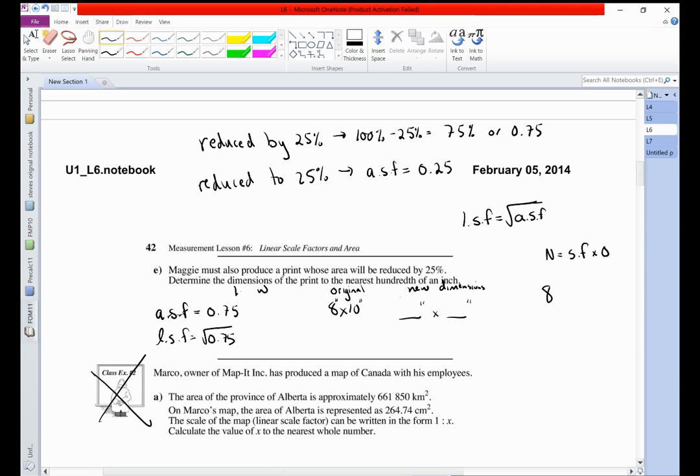So 8 is our original multiplied by the square root of 0.75, and that leaves us with 6.93 inches. And 10 multiplied by the square root of 0.75 gives us 8.66 inches. So our new dimensions are 6.93 by 8.66 if we want to reduce the area by 25%.